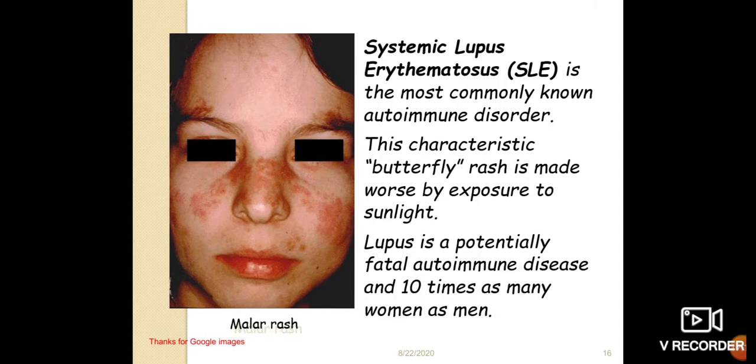These petechial hemorrhages go together, larger and larger, and make this rash. Actually, these butterfly rashes usually appear in only 40% of the patients suffering from systemic lupus erythematosus. The other 60% do not show these symptoms.